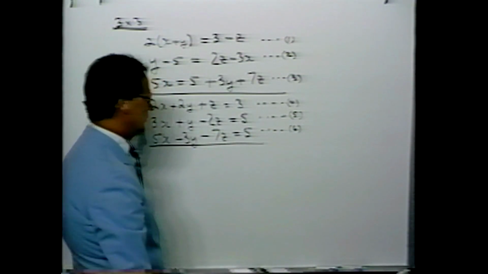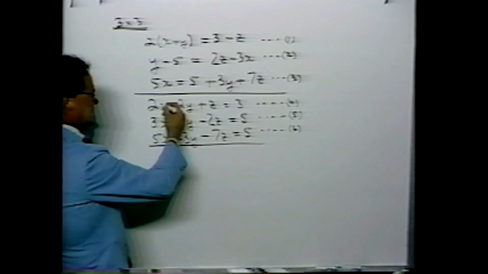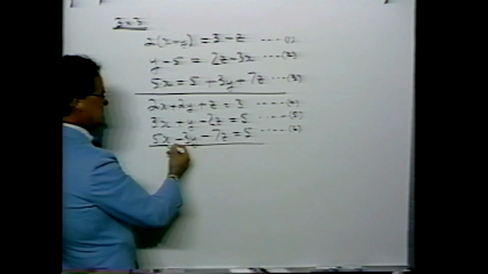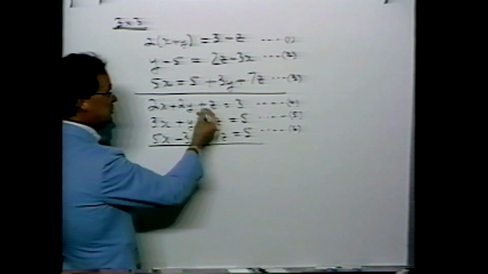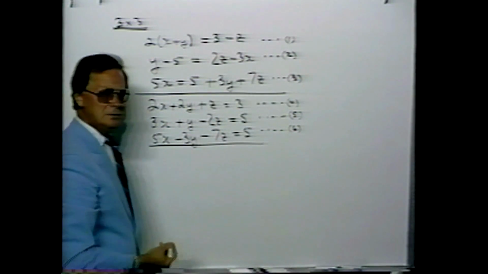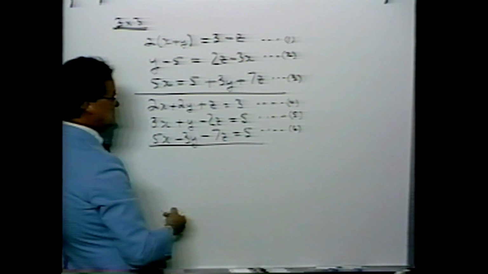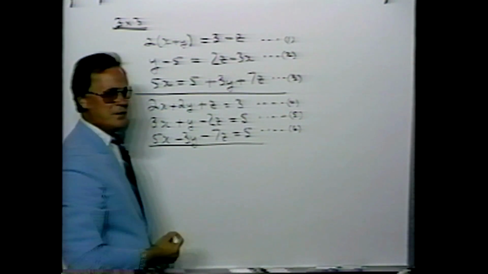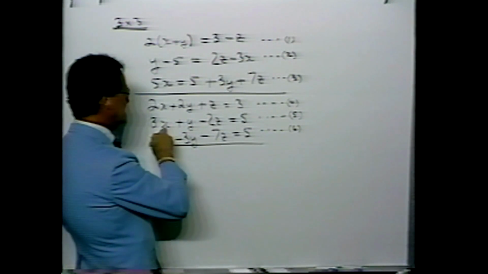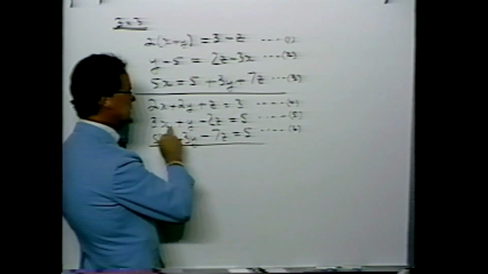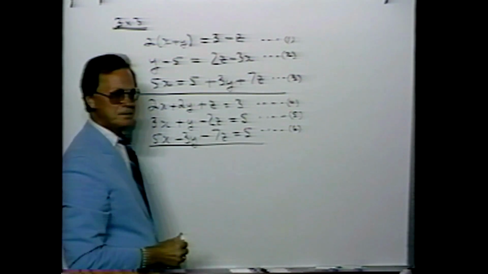We can either go through a process that eliminates x, and then we'll have a 2x2 system with y and z, or we might eliminate the y variables and have a system that's 2x2 in size containing x and z.